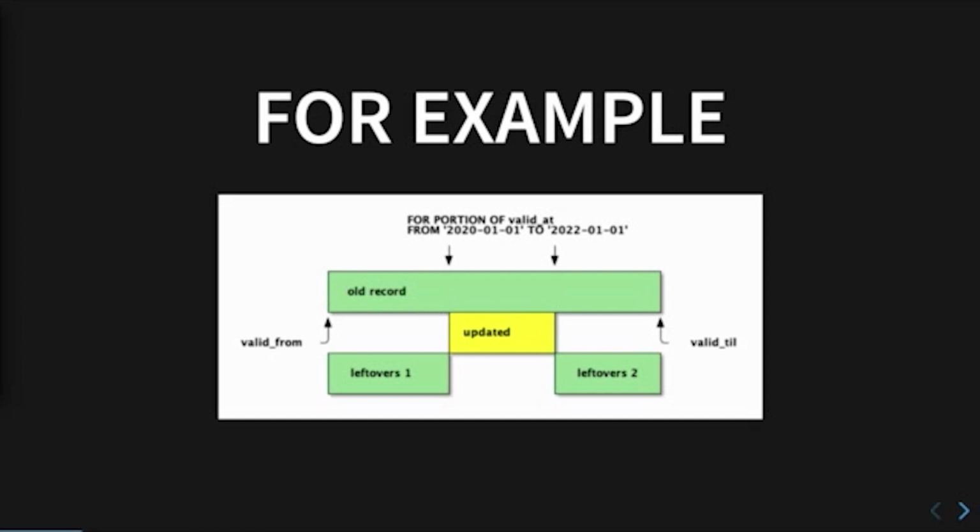And then to preserve the untouched time periods, we insert 0, 1, or 2 new rows that equal the old previous values of the row. And those are our leftovers. So that's what we're trying to accomplish here. This is the only picture you get the whole talk, so I hope you're ready.